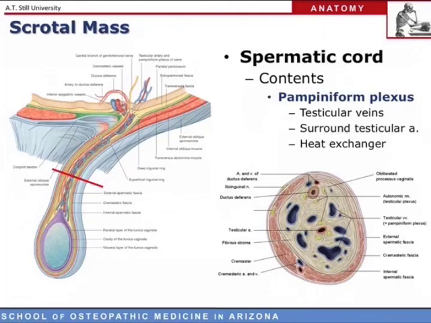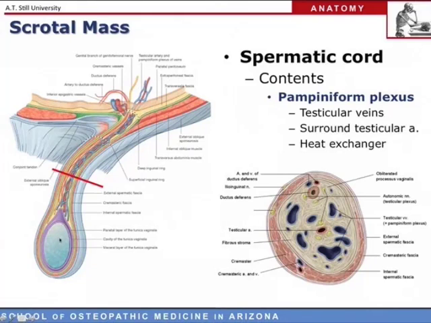Okay. So the interesting thing about this pampiniform plexus of veins is that it is yet another mechanism of thermoregulation to keep the testes at a temperature cooler than the body. So if we want to keep the testes cooler, then we've got this problem in that the testicular artery is bringing blood right off of the aorta and coming down here, and that blood is going to be at 37 degrees.